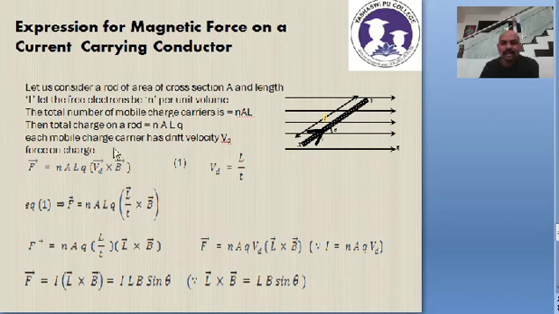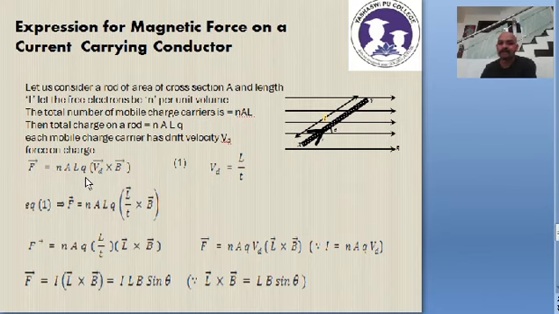And each charge carrier is moving with a drift velocity Vd, because you know that in a conductor the electrons slowly drift under the application of the electric field, and the drift velocity, say, is Vd. So from the previous concept, we have learned that F = q (v cross B).